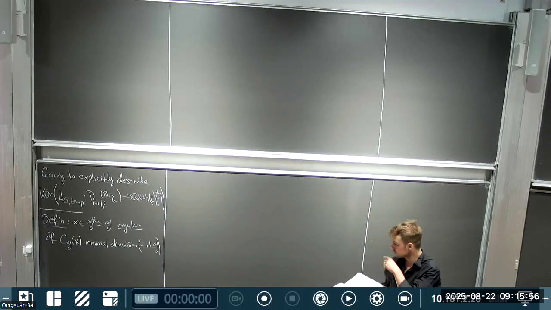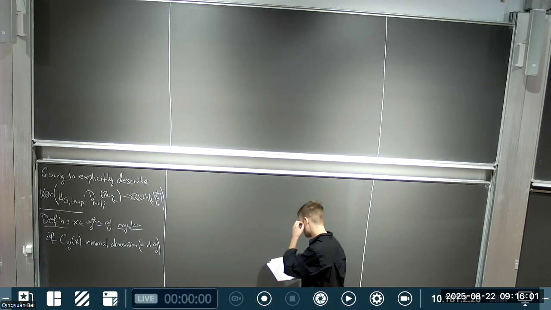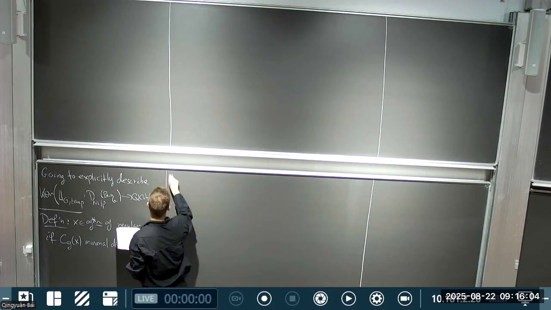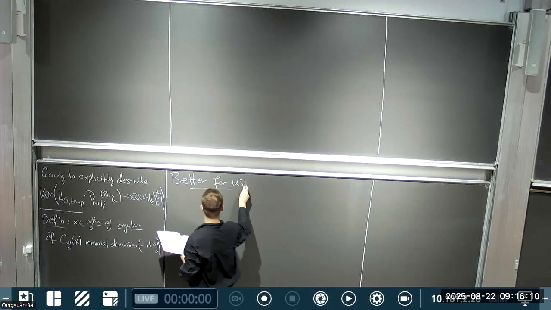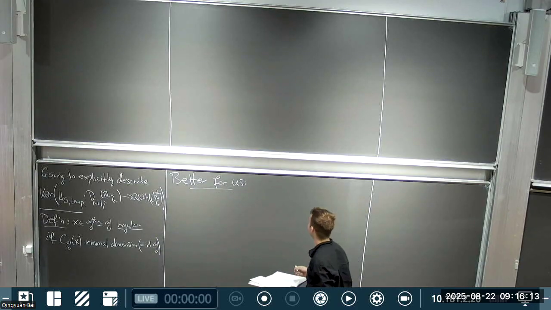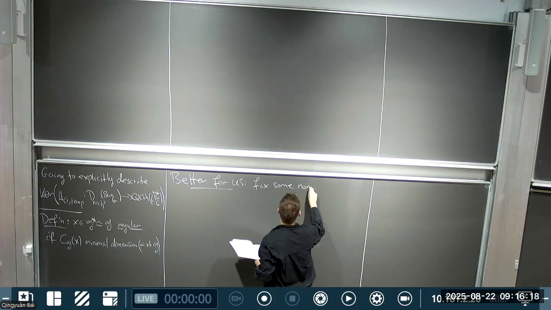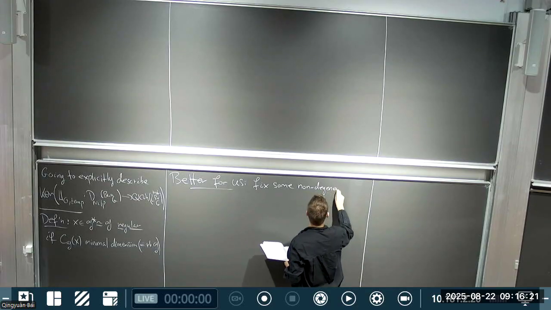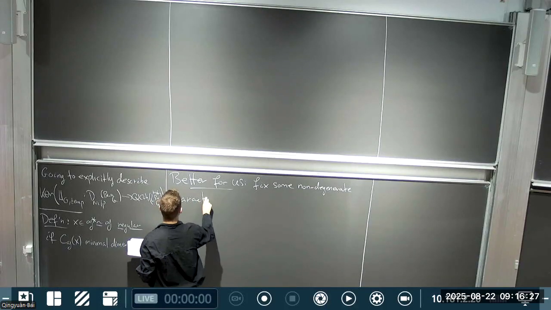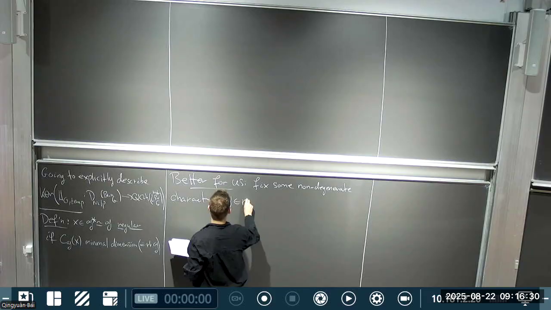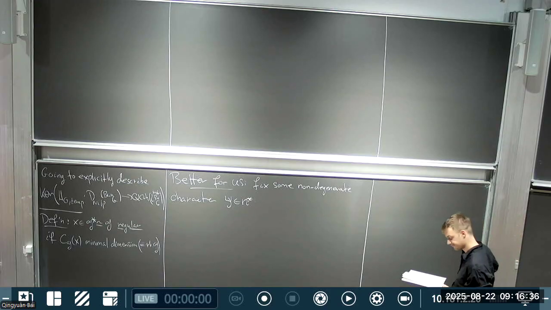Let me give another way to characterize regularity that will be a bit more relevant for us. So better for us is the following. Let's say we fix some non-degenerate character psi in the dual to n, the nilpotent radical of the Borel.